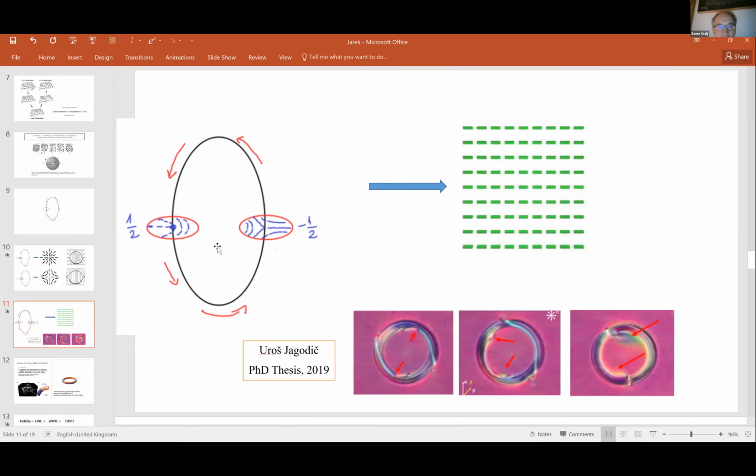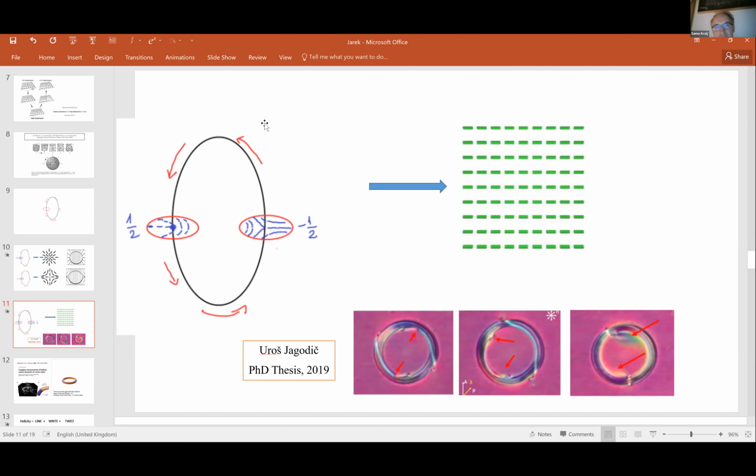Okay, then let us have another case when we go around. We go again around this loop, but what we do now in this case is gradually rotate, as I have shown previously, that you go from 1/2 to -1/2 and back to 1/2. So you are changing the winding number when you make a loop.